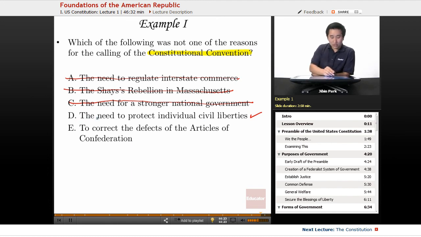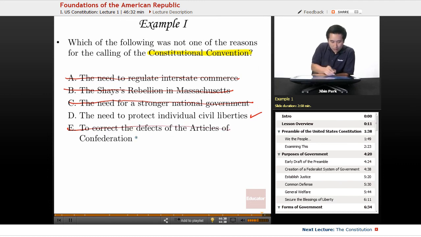So this is correct in the sense of what happened after the Constitutional Convention, but is incorrect in that it did not lead to the calling of the Constitutional Convention. To correct the defects of the Articles of Confederation?